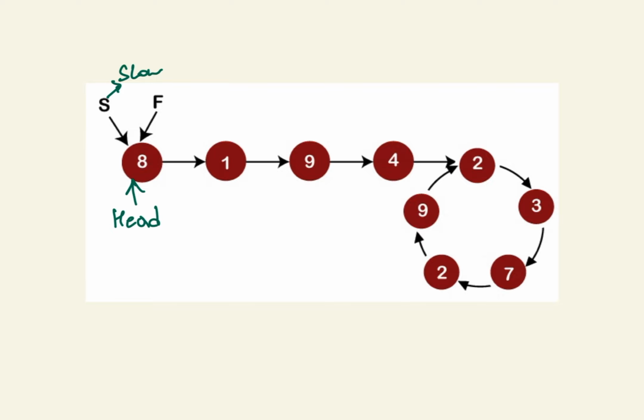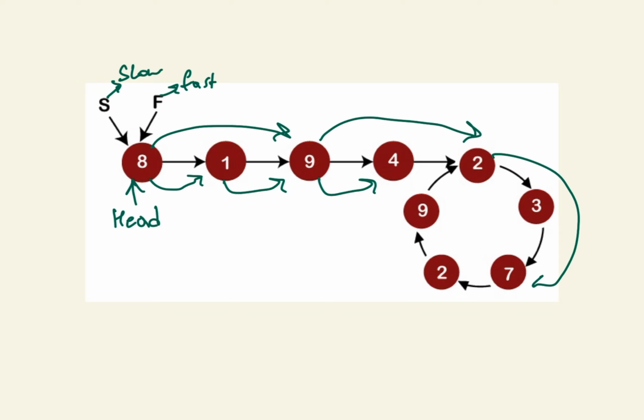Firstly, slow will be equal to 8, and after 1, and after 9, and after 4, and so on. But fast runs by skipping one node. Firstly, fast will be equal to 8, and after 9, after 2, and so on. And finally, they will meet in the cycle. If fast or slow is equal to null, that means there is no cycle.